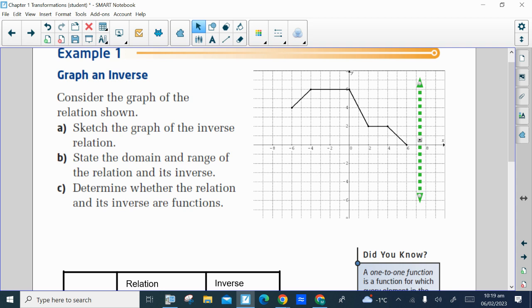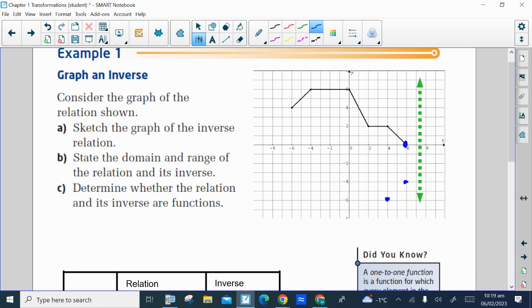So let's graph the inverse now. So the point negative 6, 4 becomes 4, negative 6. The point negative 4, 6 becomes 6, negative 4. The point 0, 6 becomes 6, 0.